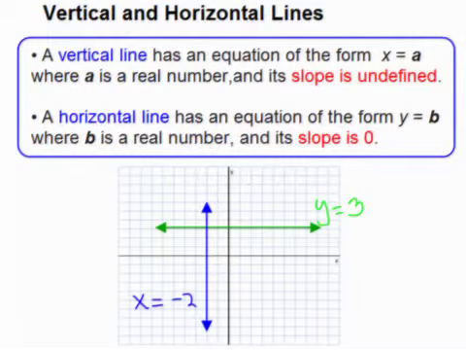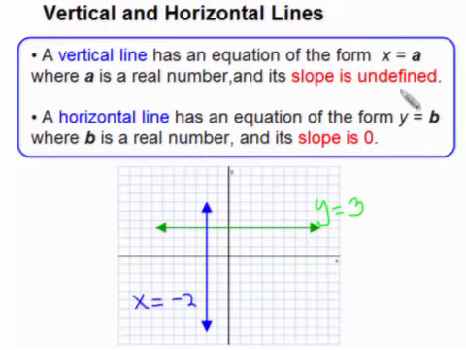We have 2 special types of lines that we need to make sure we carefully think about their equations and their slope: vertical and horizontal lines. A vertical line, my blue line is vertical, has an equation of the form x equals a, where a is a real number. In my case, all the points on this blue line have an x value of negative 2. So it has the equation x equals negative 2.